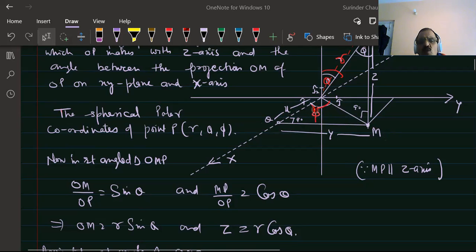But OM is equal to r sine theta, so x is equal to r sine theta cos phi. Similarly, MQ is equal to OM sin phi, so y is equal to r sine theta sin phi.